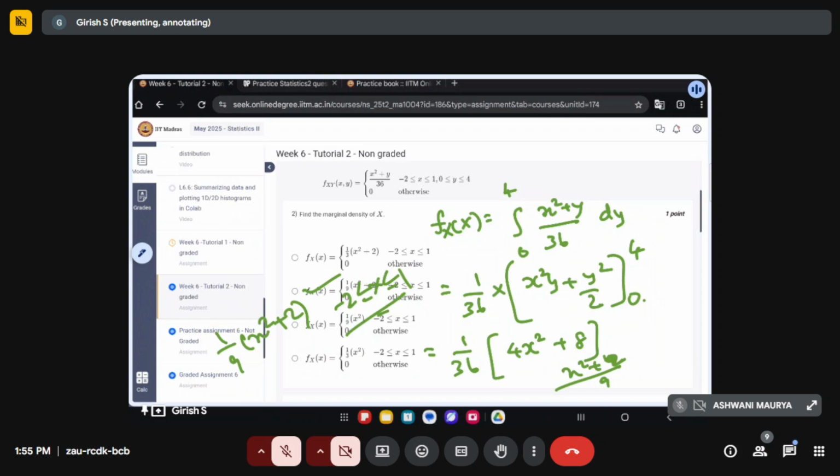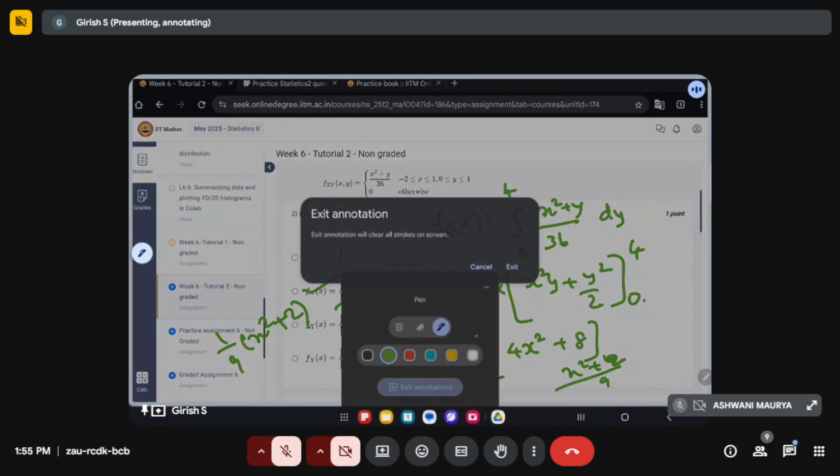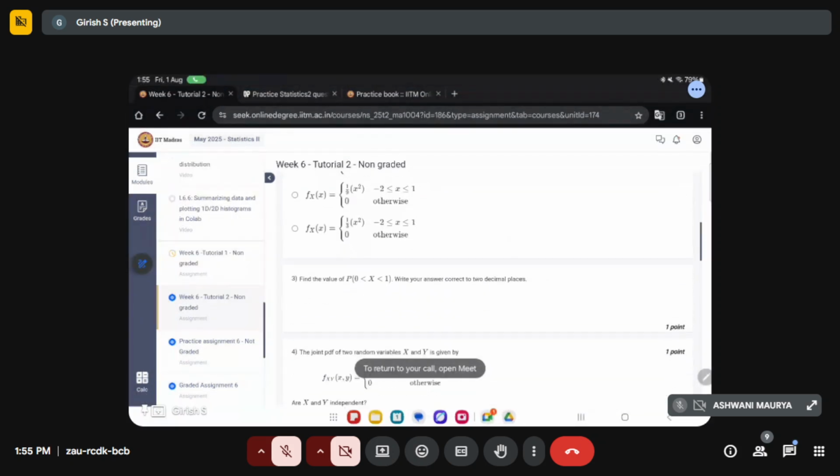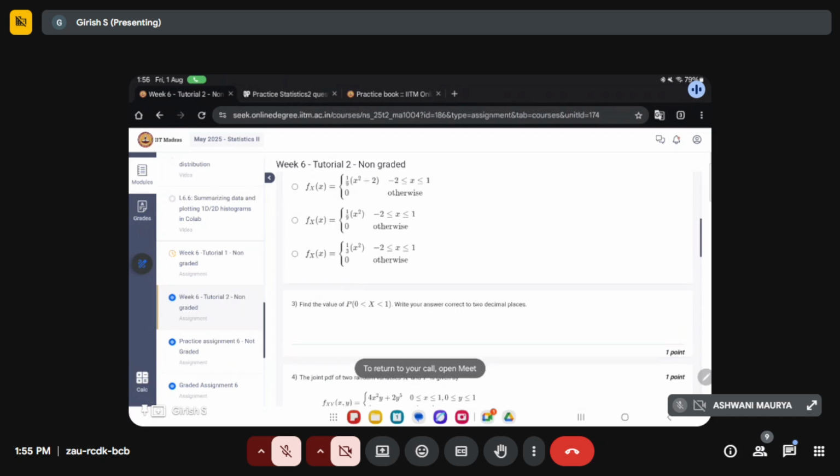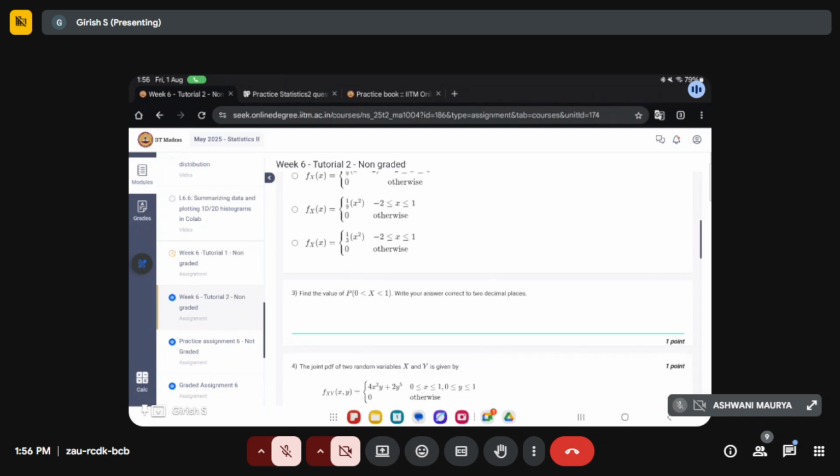Yeah, this question should be very much straightforward. So I just solved it. And you have to find the probability of 0 less than x less than 1 for this. So if you are trying to calculate, let's do this.